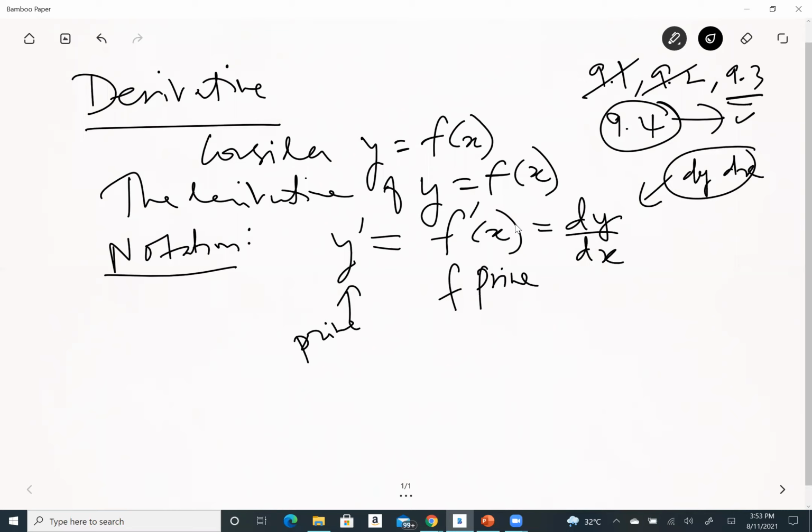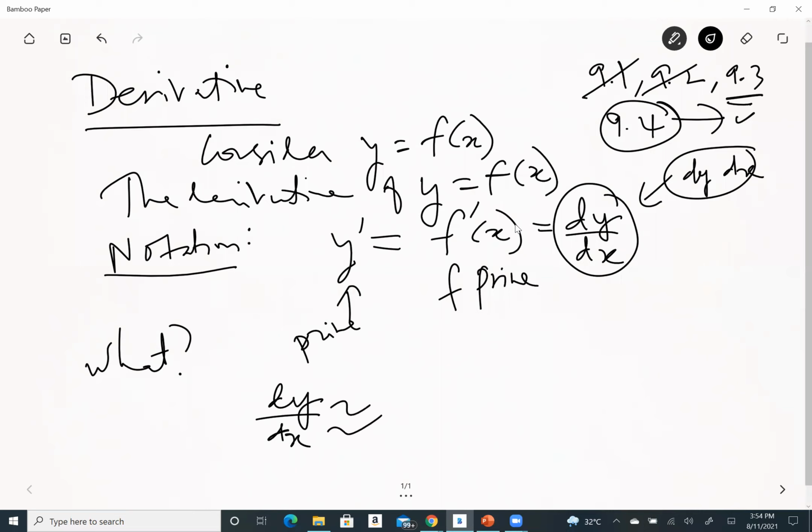Now, what is the derivative? In order to do that, I will start from here because this notation, dy dx, makes a little bit sense to us. dy dx is approximately related to something that we learned already, delta y over delta x.